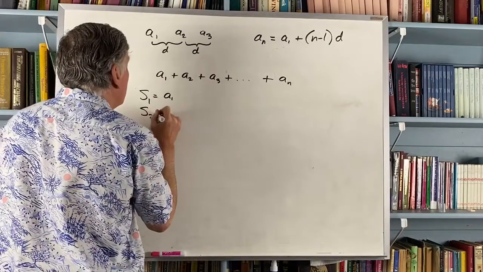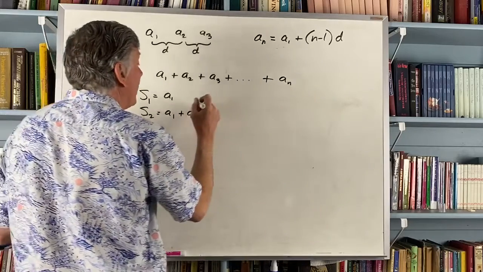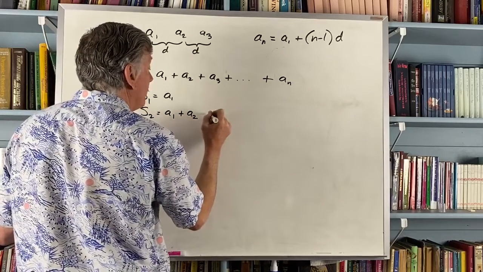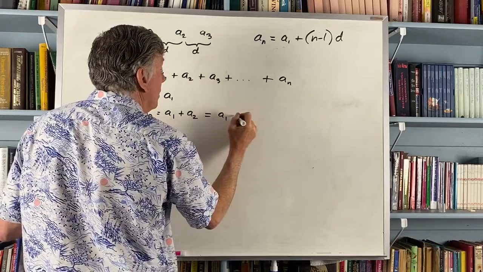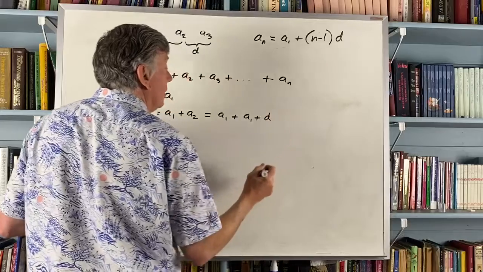S2 is going to be a1 plus a2. But you remember a2 was a1 plus d, so that's a1 plus a1 plus d.